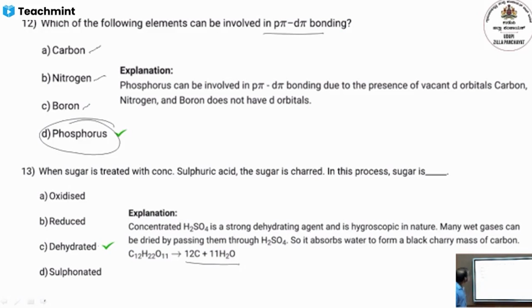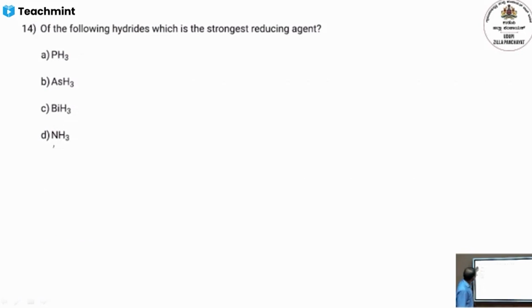Of the following hydrides, which is the strongest reducing agent? Here comes the variation of the properties of the hydrides down the group. Phosphorus, antimony, bismuth, and nitrogen. So nitrogen, phosphorus, antimony, bismuth, all these come in the same group. Down the group, the stability decreases.